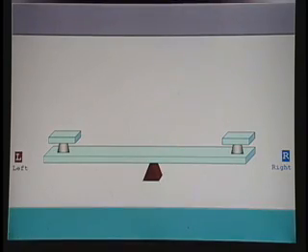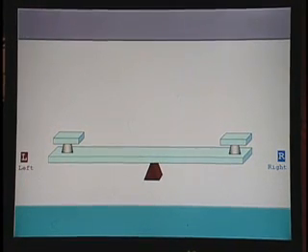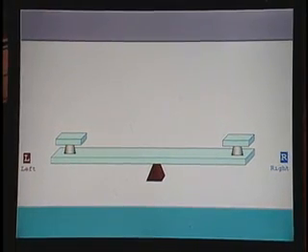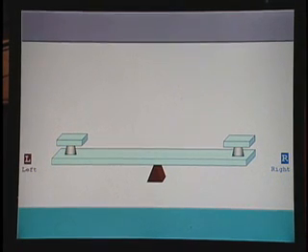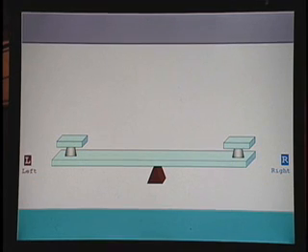Alright, this time we have a different balance. This is a three-dimensional view or a version of a seesaw. We have marked the two sides of the seesaw as left and right, so that this time it's much easier to give a reference point.